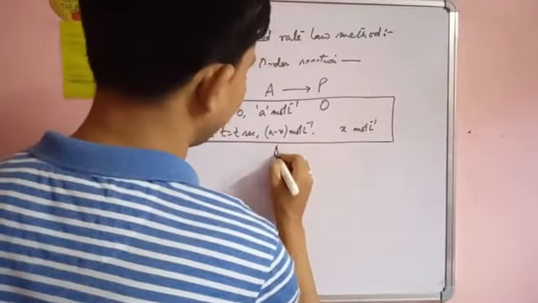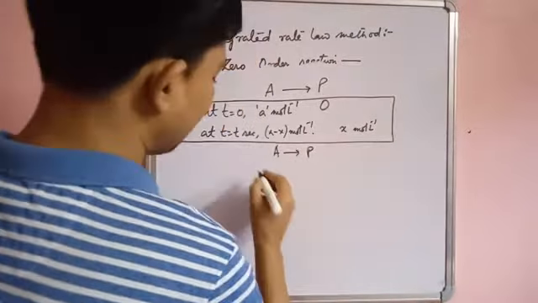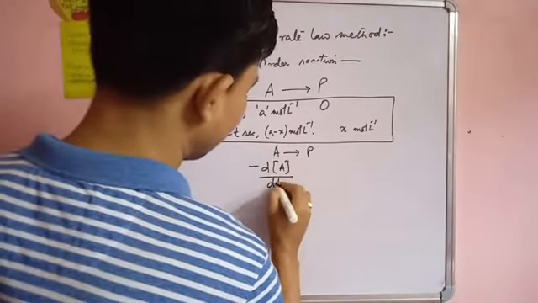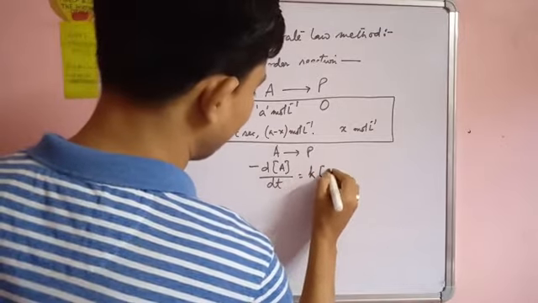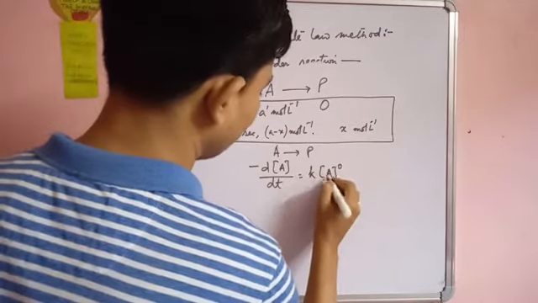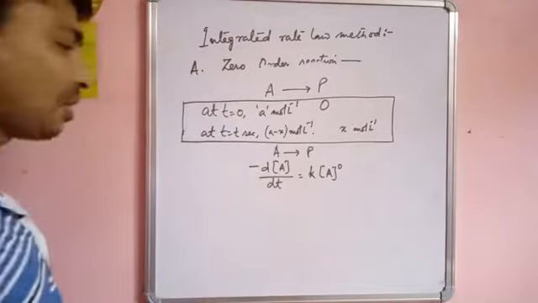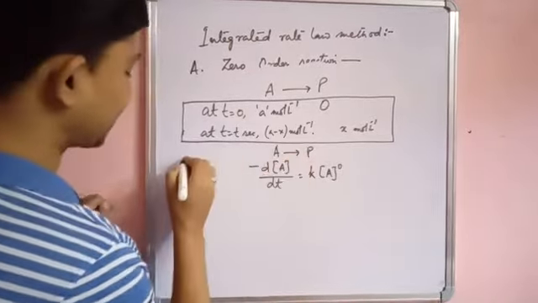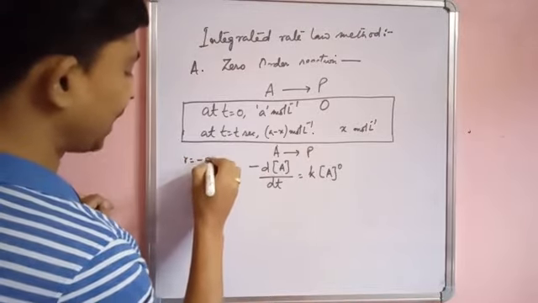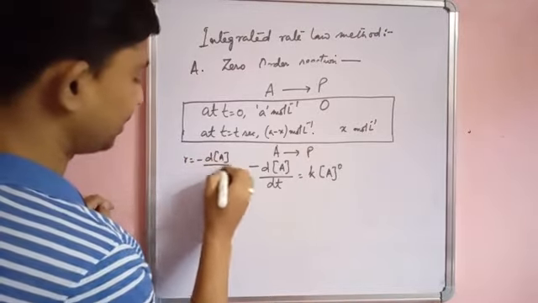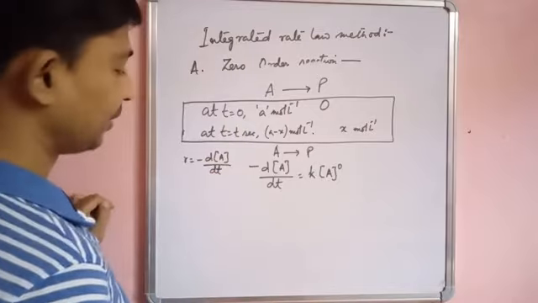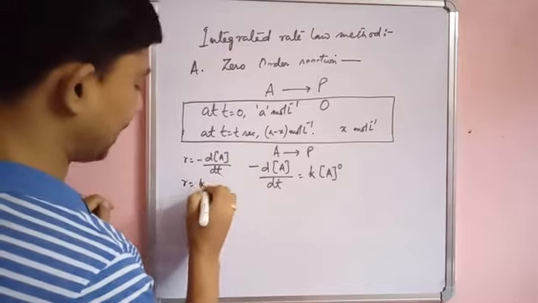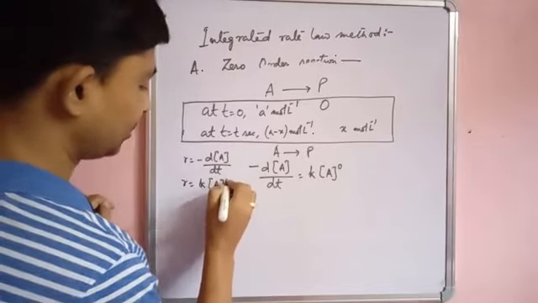Suppose we have A to P, then minus d[A]/dt is equal to k[A] to the power 0. Because the differential rate equation for this reaction is r equal to minus d[A]/dt, and the rate equation is r equal to k[A] to the power 0.